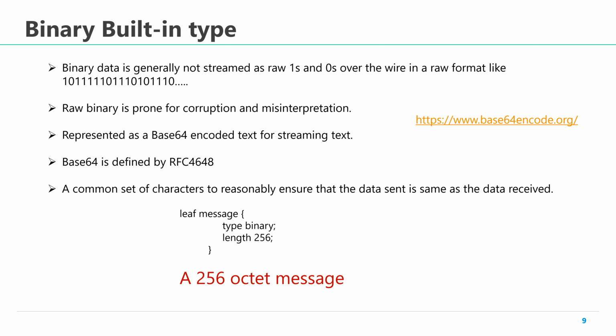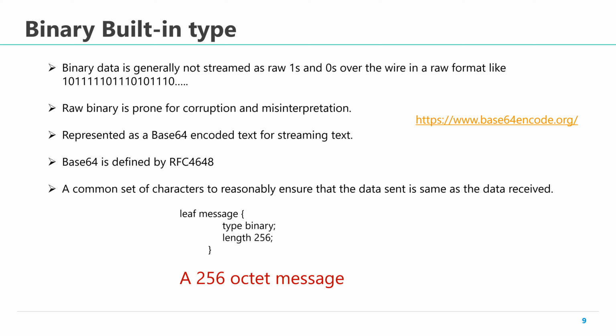We now move on to the binary built-in type. The reason for having this built-in type is there can be scenarios where binary data has to be stored in the data model, but storing it as a series of ones and zeros is generally not a preferred way of doing it.